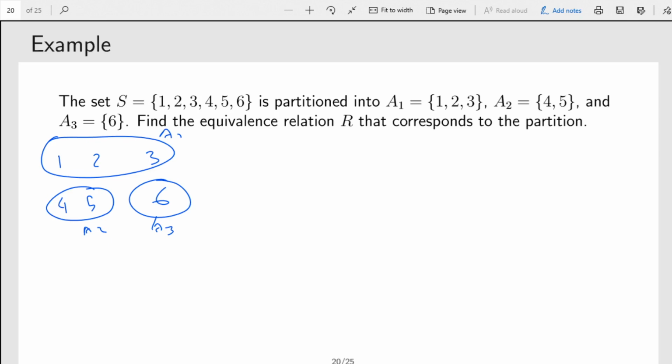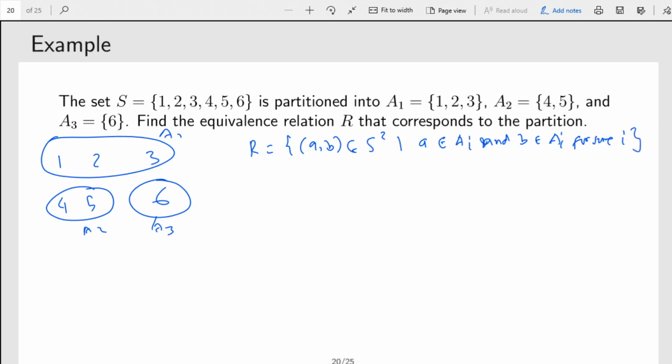Well, R, as usual, you define R to be the pairs (A, B) from S squared such that both A is in A_i and B is in A_i, so they are in the same partition, for some i from 1 to 3.